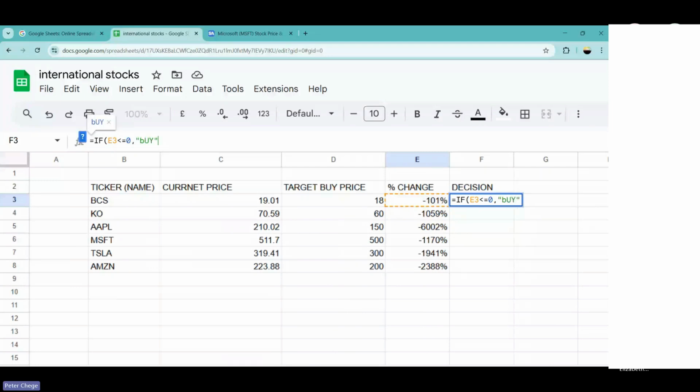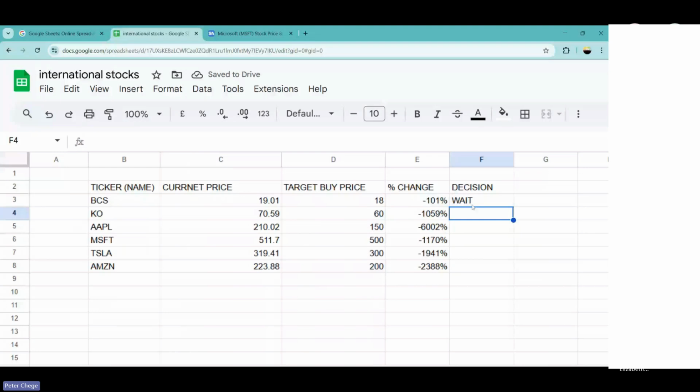Again, else, don't be concerned about the formulas. These are just Excel formulas. Else, wait. This is just an example. When I share the final spreadsheet, it will have all the decisions you can make. Sorry, not less, it's more, because it has to be positive for you to buy. It's already negative. So you have all of them.